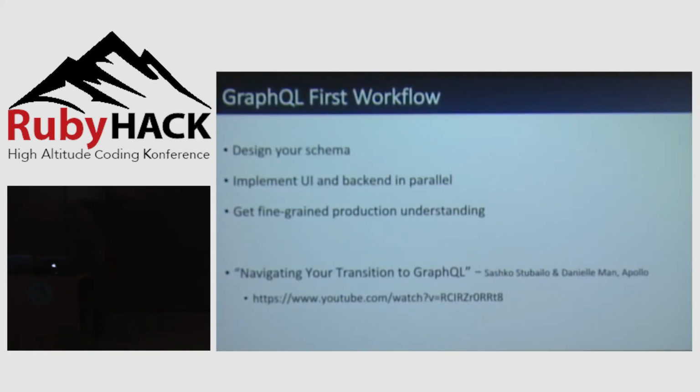So, GraphQL first workflow. As you're developing this one component, design your schema first. So the schema is those GraphQL types, that post type, that query type, and use that schema as a contract between your front end and your server.